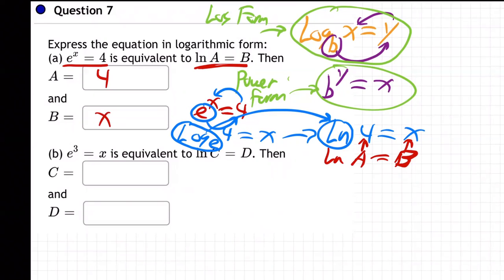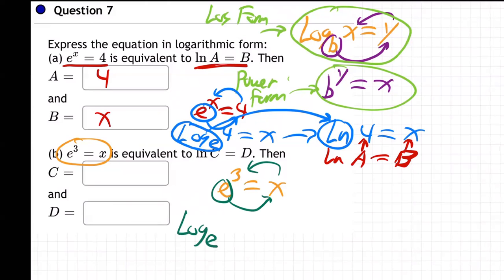Does that make sense? Now for the second part, they start with e to the 3rd equals x. I'm going to do the same thing and change the form here. Grab the base, do the swish. Whenever you do that, you change between log and no log. So that'll put a log on there. The base will be e, e to the x equals 3, right?